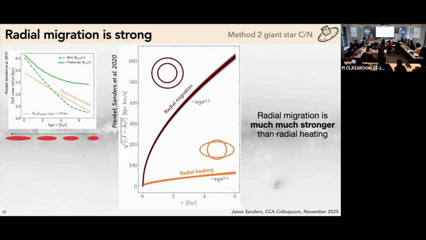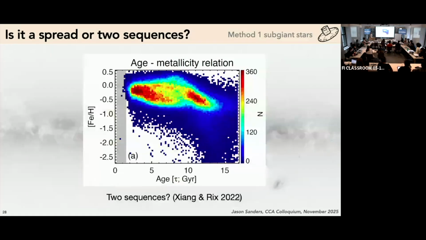I think it's still very much an open question how radial migration operates in the Milky Way, and why it seems that radial migration is very much stronger than the radial heating in the Milky Way.